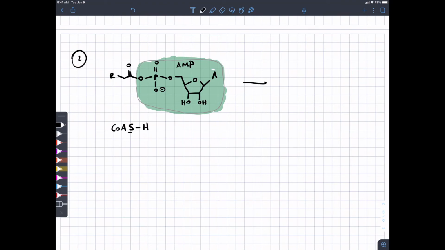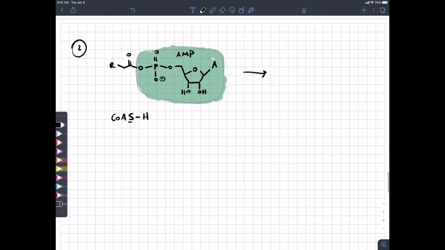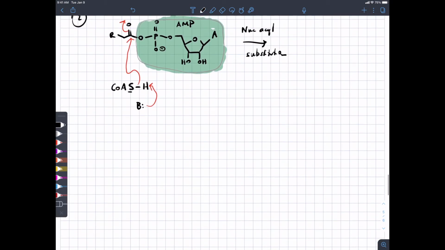This is going to be nucleophilic acyl substitution, so the mechanism should be unsurprising. A base removes a proton from the thiol. The negatively charged sulfur then attacks the carbonyl carbon to give you a tetrahedral intermediate, which I'm going to abbreviate like this.